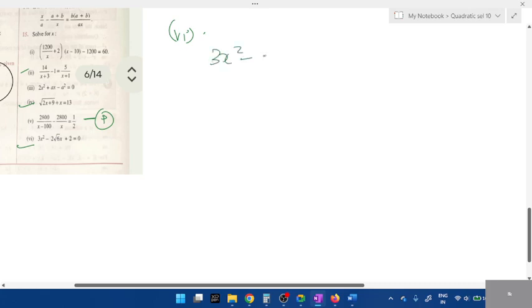3x square minus 2 root 6x plus 2. See, root is given, so don't get confused. Whenever root is given, what is the sum? All of you tell me, students. 2 root 6x. What is the product? Plus 6x square. Okay, now 2 root 6 is given. Root 6.